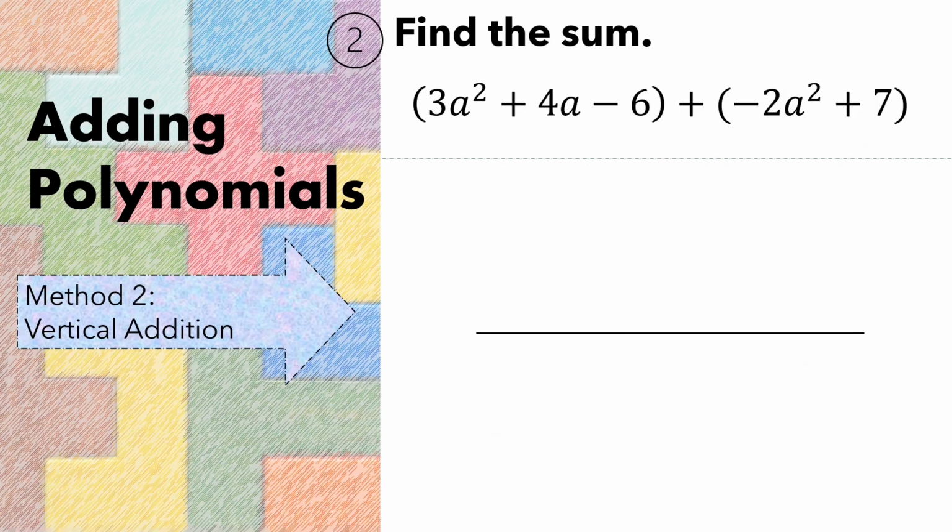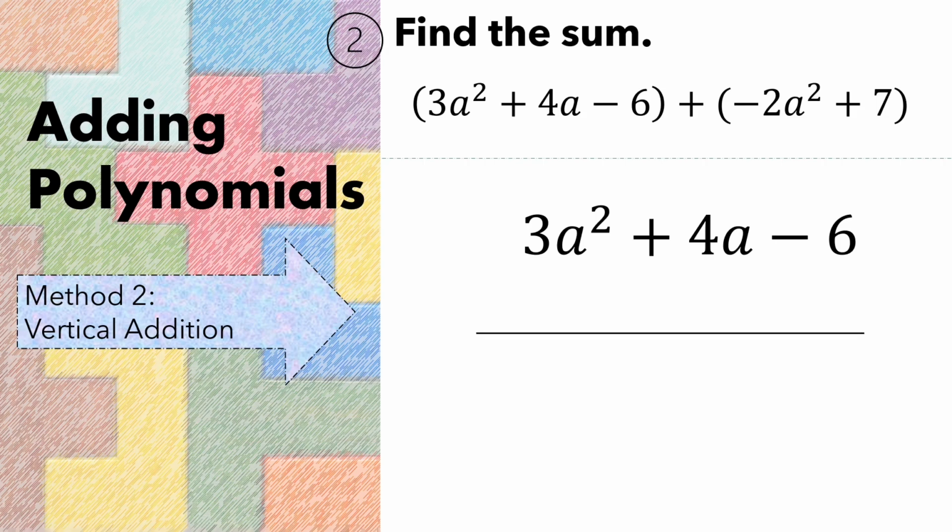Okay, let's apply method 2 for this example. Again, align the polynomials vertically or in column. Make sure that you align like terms.